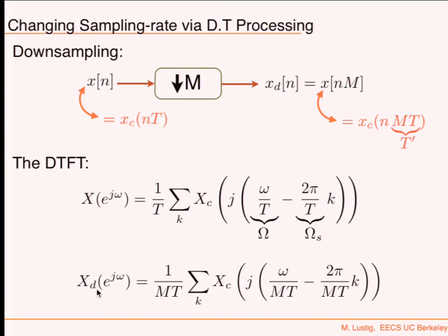So what is x_d, e to the j omega? It is exactly the same thing, only now I shift by 1 over MT, which is omega_s over M. And it's scaled a little bit differently too.